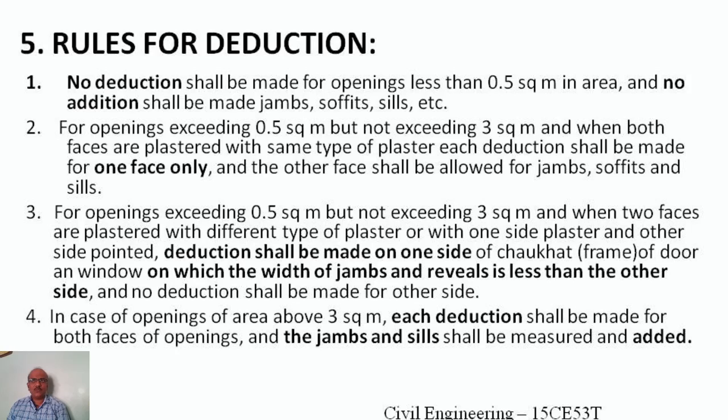If you are plastering on both sides with the same plaster, then the deduction is made for only one face, and the other face is allowed for the jambs, soffit and sills. The plastering has to be done for the jambs, soffits and sills, is it right? So only one side we are going to deduct, and on the other side it is going to be adjusted. The adjustment is made for the jambs, sills and soffits.